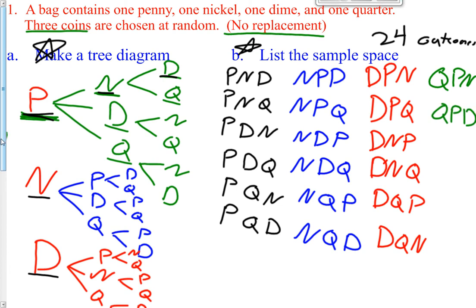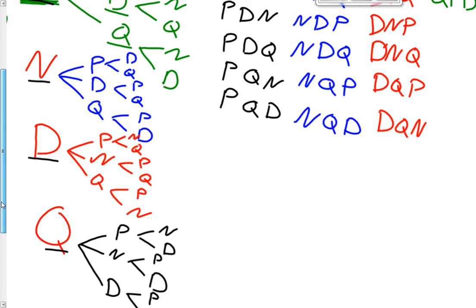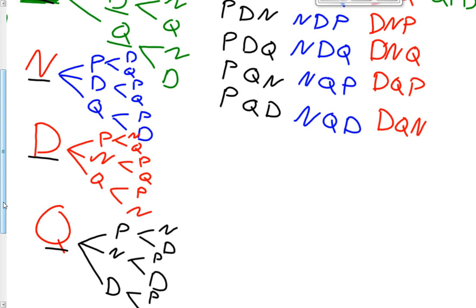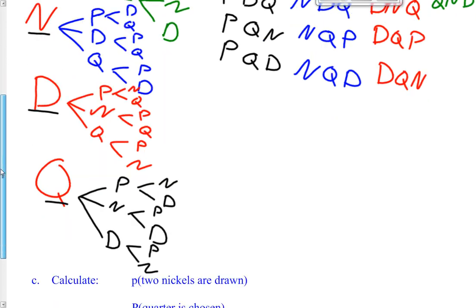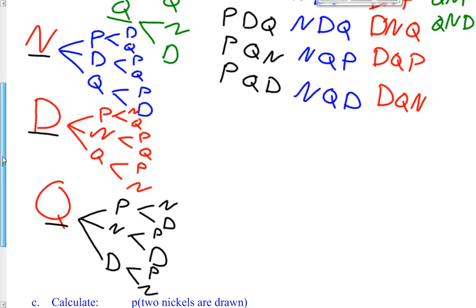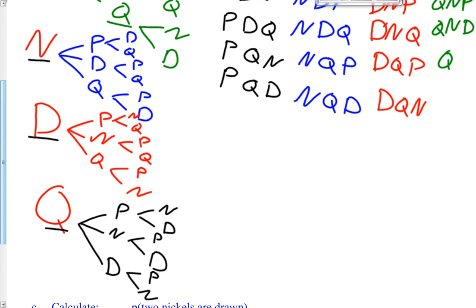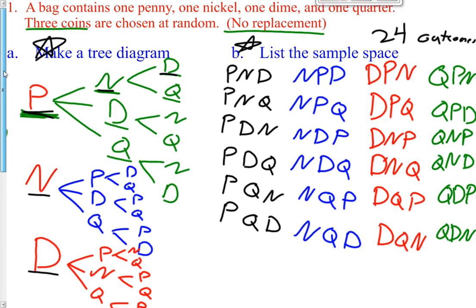Or we could have the quarter, nickel, penny, or the quarter, nickel, dime. Or we could have the quarter, dime, penny, or the quarter, dime, nickel. Okay, there are our 24 outcomes.